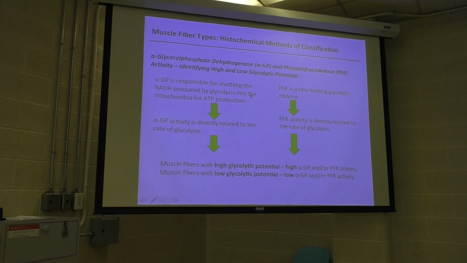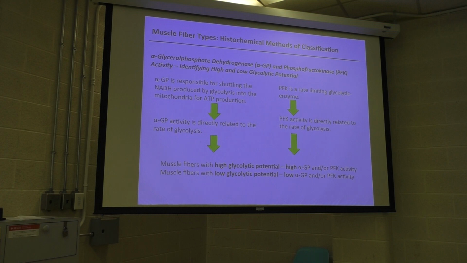You can also look for glycolytic potential. So glycolysis, I'm going kind of fast, is another way that cells can get energy, and this is predominantly done by the fibers that don't have these ATP reserves, don't have as many mitochondria.